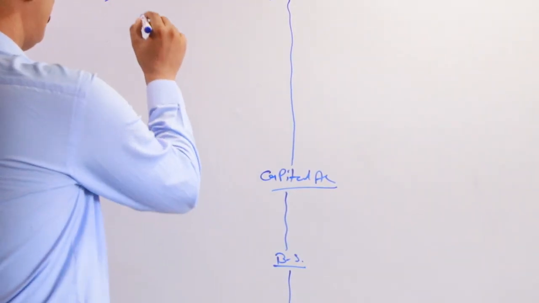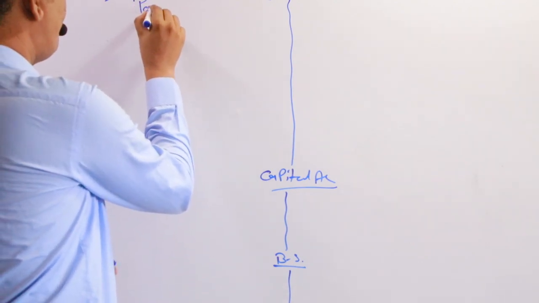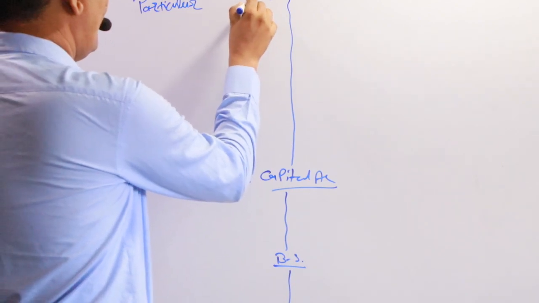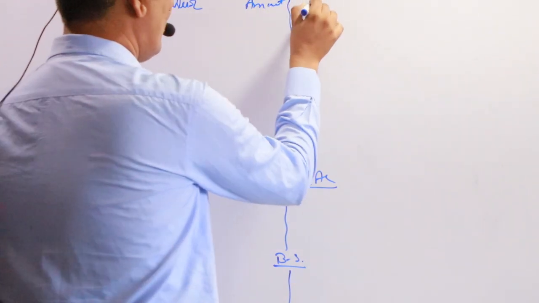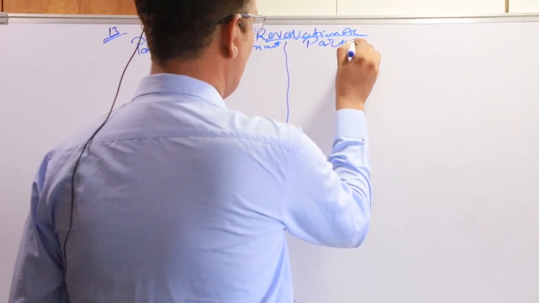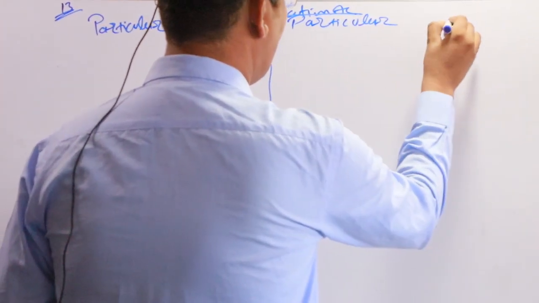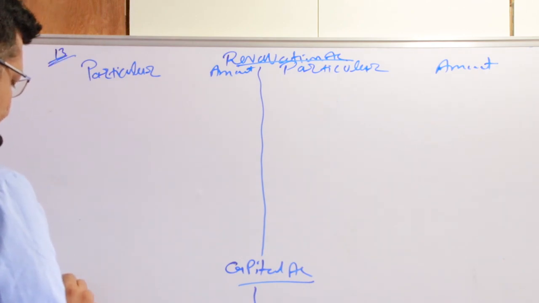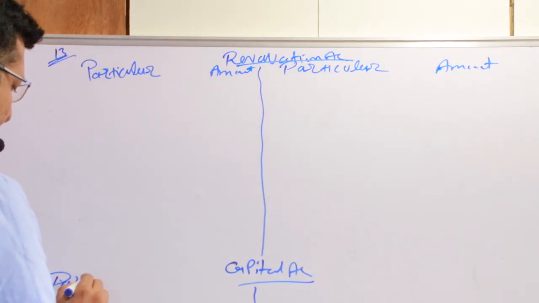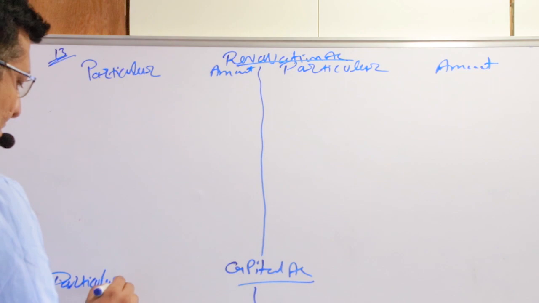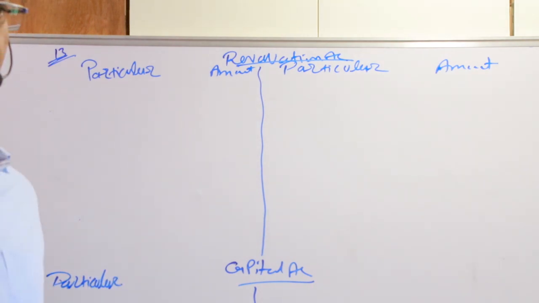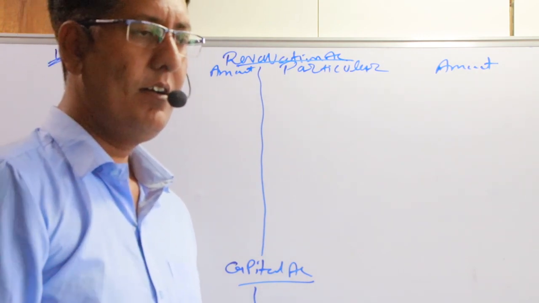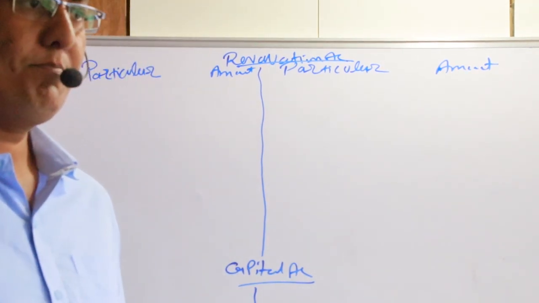Okay, you know that in revaluation account, there are columns for particular and amount. In capital account, same, particular, and normally 3 columns, plus additional columns for partners.